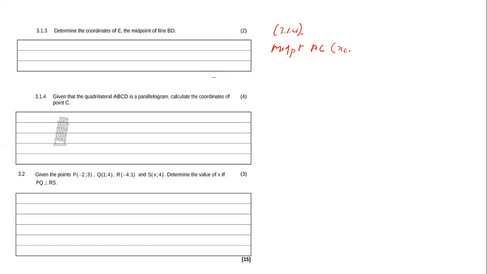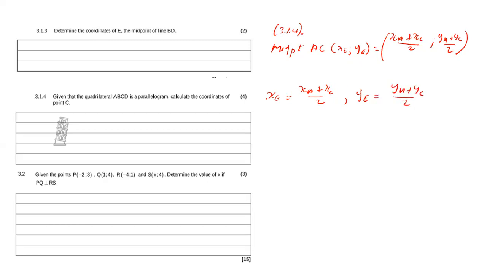So x of E, y of E will be equals to our midpoint, which is x of A plus x of C divided by 2, y of A plus y of C divided by 2. So we equate x to the x's, and we equate y's to the y's.